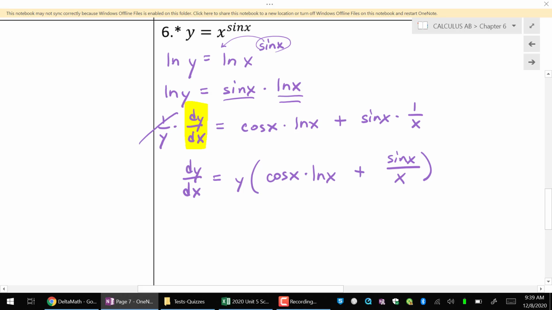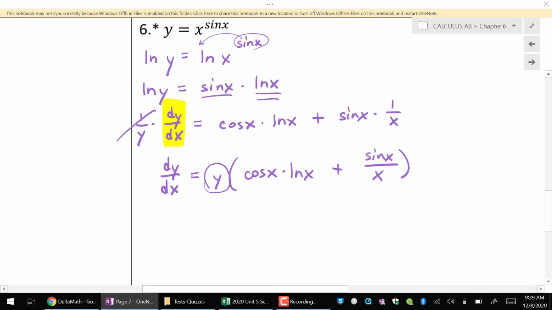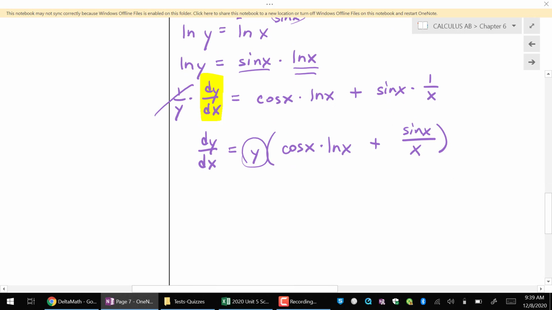So rather than leaving a y right here, let's go back and substitute in x to the sine x, because that's what y equals. So final answer, dy dx equals x to the power of sine x, just substitution from the original problem, and then all of this, cosine x ln x plus the sine of x over x.